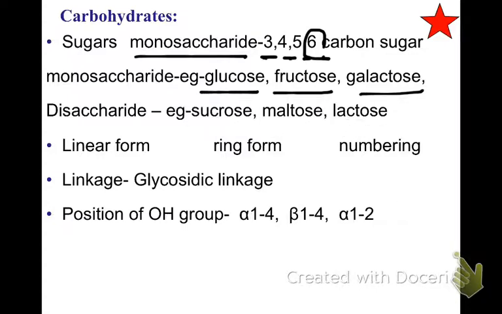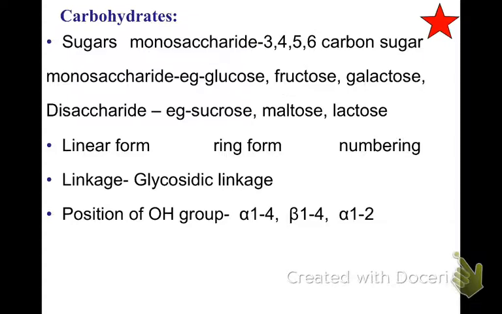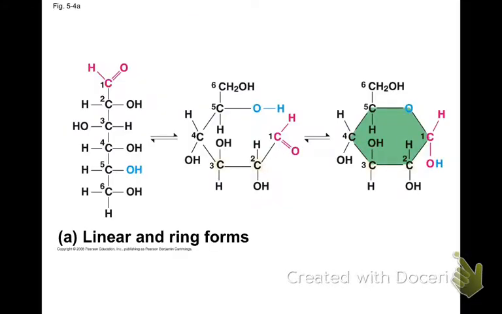So how are these sugars structured? Okay, let's go to the next slide and see. So ideally speaking, if this is a sugar, C6H12O6, you have 6 carbons, 1, 2, 3, 4, 5, 6, and there are some hydroxyl groups to the right of the linear form and to the left of the linear form.